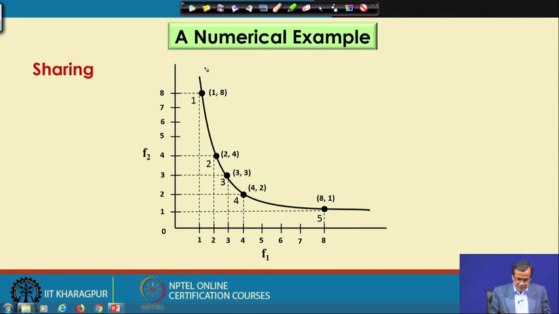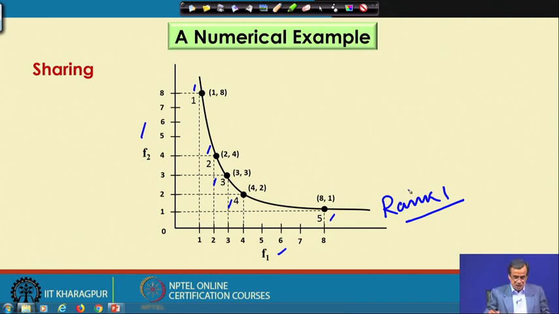I will have to minimize the two objective functions f1 and f2, and supposing that this is the rank 1 front, let me assume that there are only 5 solutions on this rank 1 front, say solution 1, 2, 3, 4 and 5, and supposing that these are the coordinates of these 5 solutions.